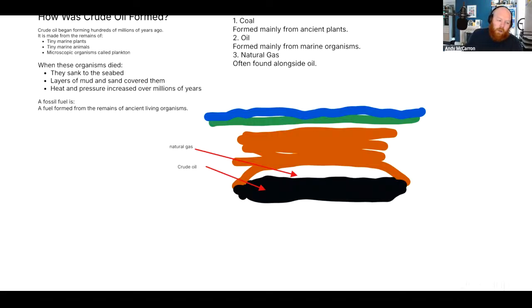So, yeah, this is what we expect to see. And obviously, then humans come along, and we bore down into all of this and start draining it out and suck it all out.